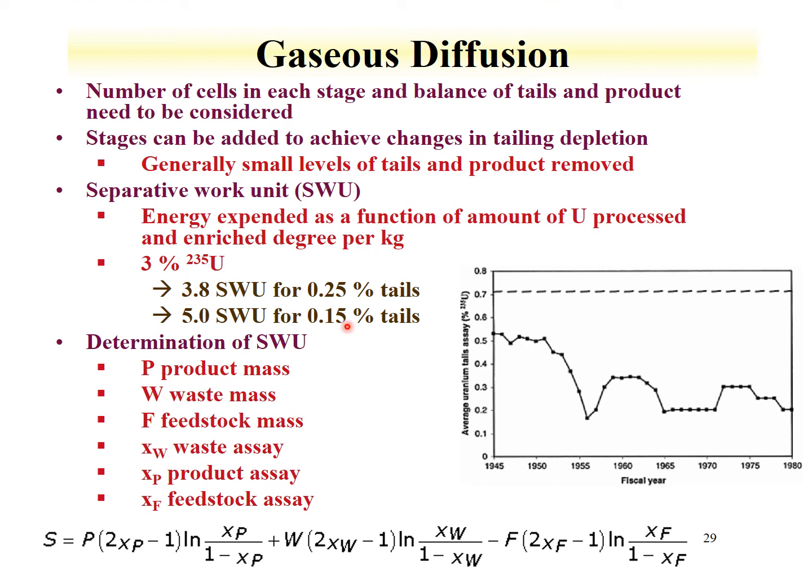If I have lower enrichment, I would need larger separative work units. The equation for separative work unit is listed here, and it's a function of the product mass, the waste mass, the feedstock mass, and the isotopic fractions.